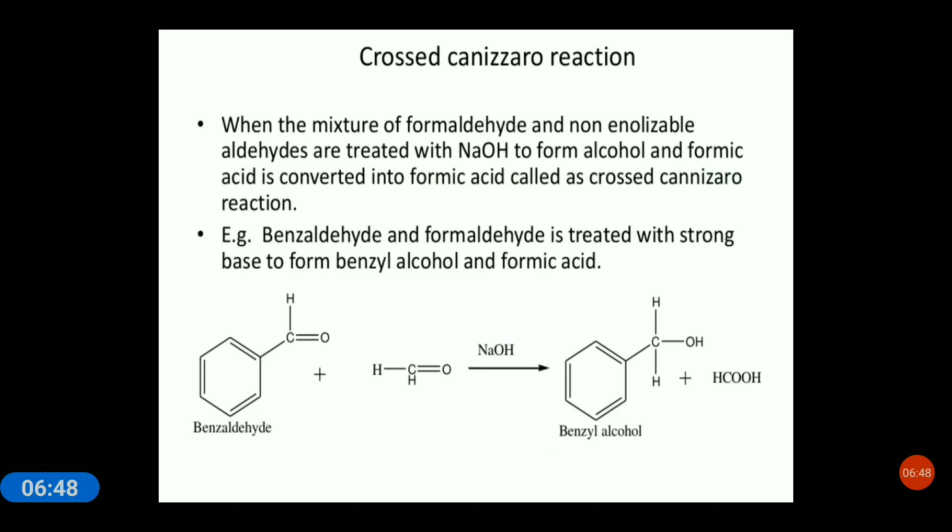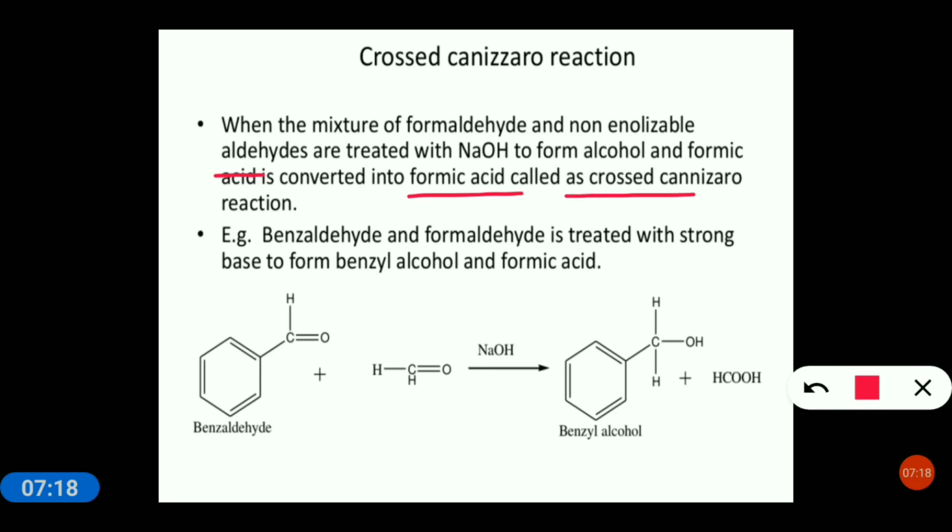When we talk about crossed Cannizzaro reaction, a mixture of formaldehyde, which does not have alpha hydrogen, and a non-enolizable aldehyde are treated with NaOH to form alcohol, and formaldehyde is converted to formic acid.